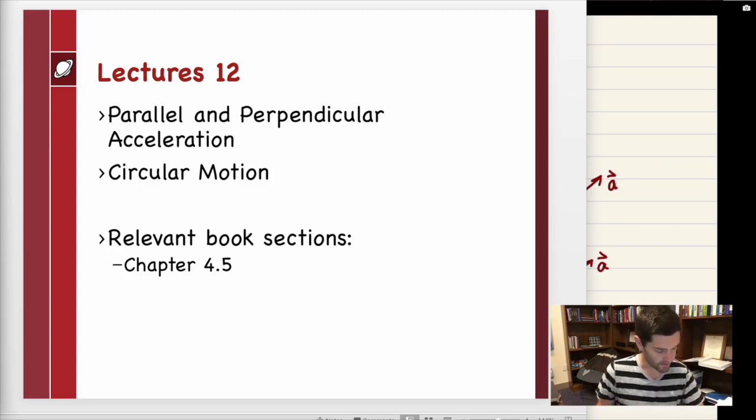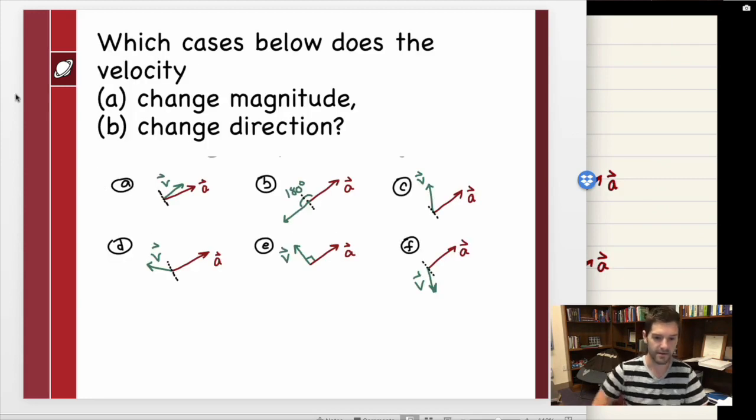So my question to you is, suppose I have these 6 cases below. Each of them has an acceleration that the object is experiencing, and all the accelerations are roughly the same in each. But each of these 6 cases has a different velocity vector.